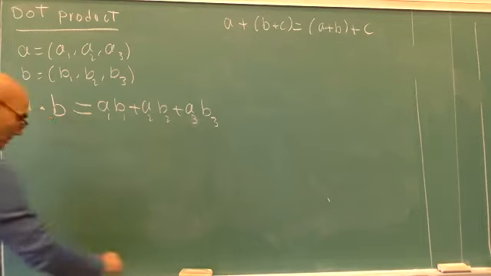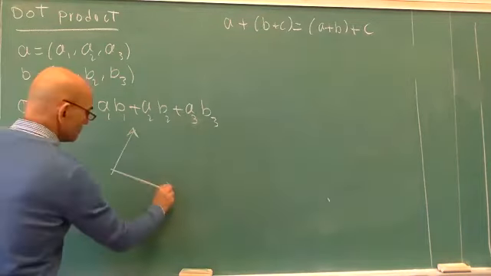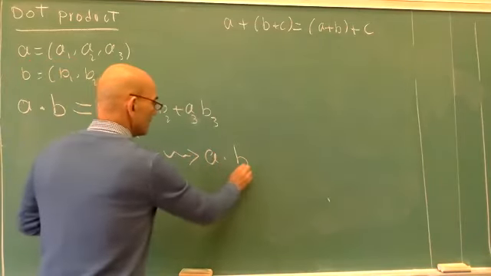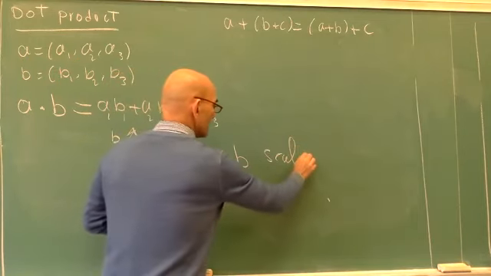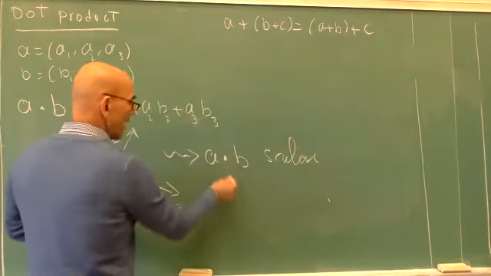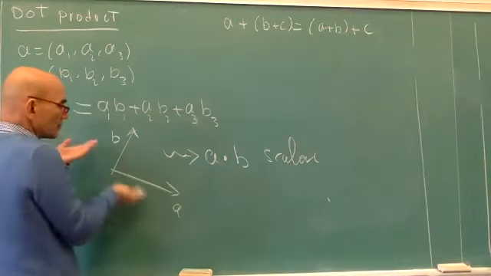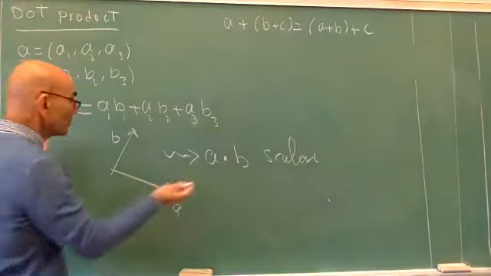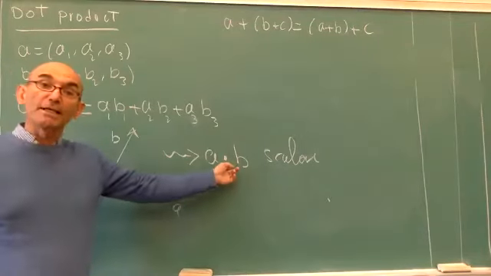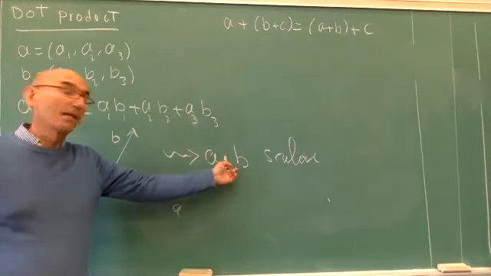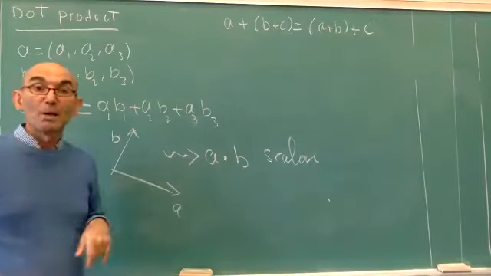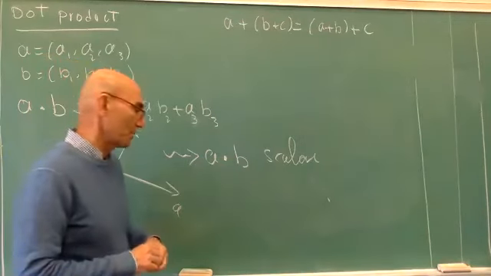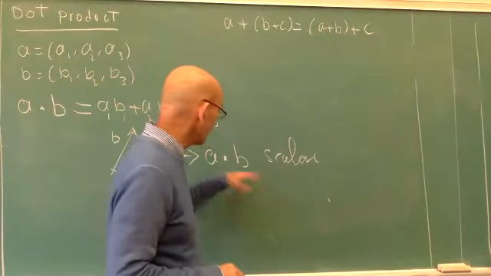You have two vectors, A and B, and then you get a scalar all of a sudden. We have to understand what this number has to do with these two vectors. How can you tell by looking at the picture what the value is? Sometimes you can say a lot about this number just by looking at the picture. Not exactly, but sometimes you can. These are the issues you have to think about, and we will follow up from there.